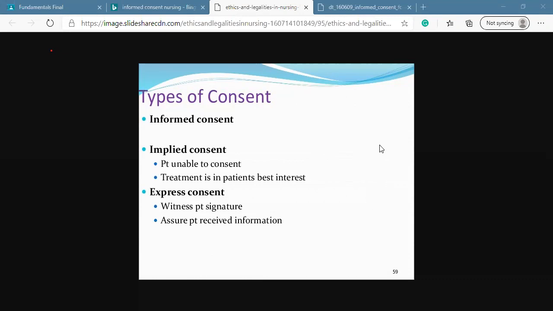If the patient is less than 18 but joins the armed forces, they are an emancipated minor. So if the patient is mentally and physically competent, or an emancipated minor, they can give their informed consent.